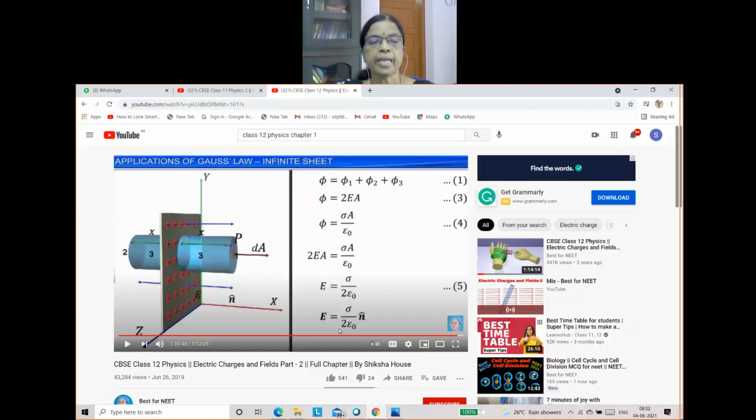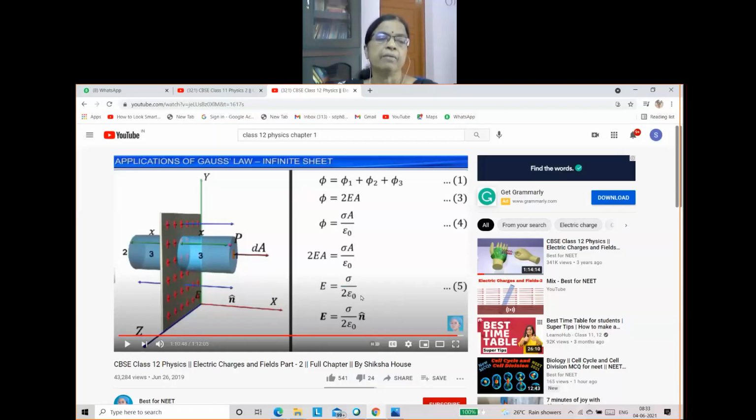And as a vector quantity, when we write, vector E is equal to sigma by 2 epsilon 0 into n cap. N cap is the unit vector in the direction of electric field. So this is the final magnitude, and this is the electric field vector. Here this expression shows sigma is surface charge density, charge per unit area.